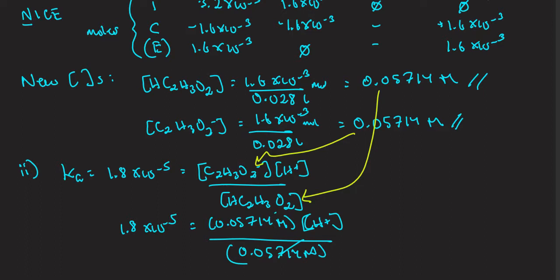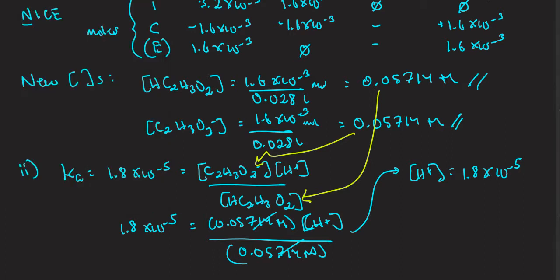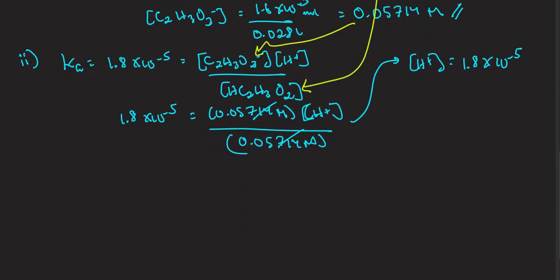All right, so these cancel out completely. I'm going to continue up here. And what you can end up with essentially is that the concentration of your hydrogen ion is 1.8 times 10 to the negative 5, and you're almost done. Lots of blue here. Let me choose a different color for our pH so that we look at that as a different step.